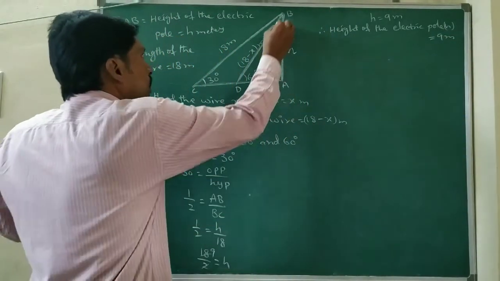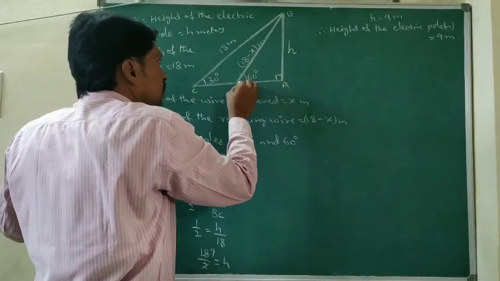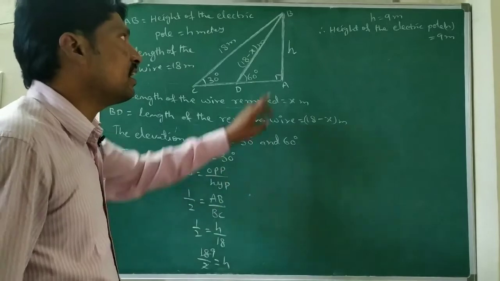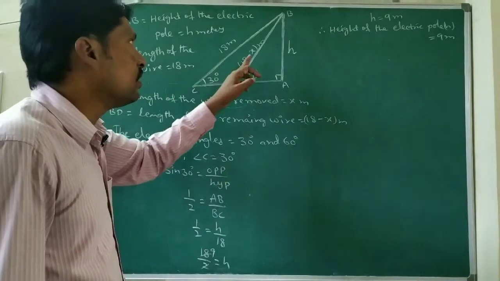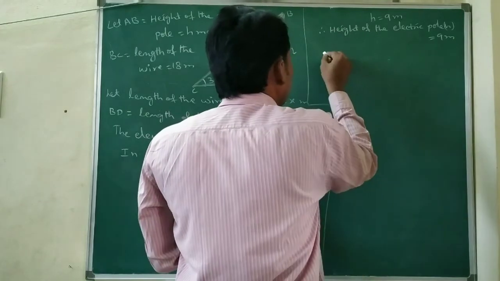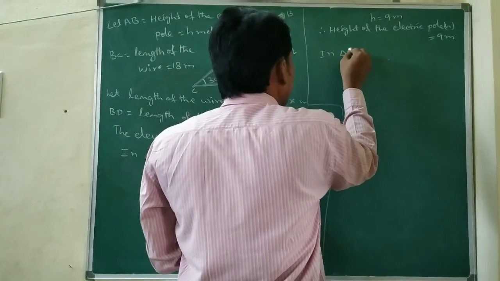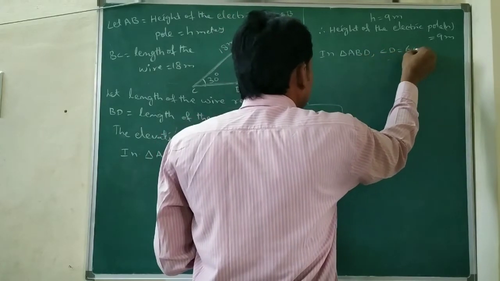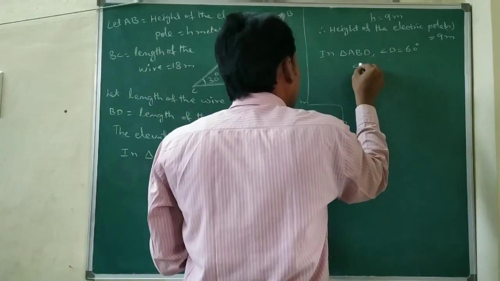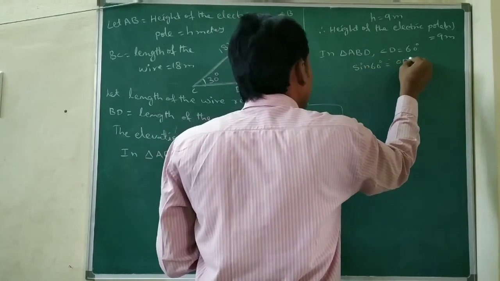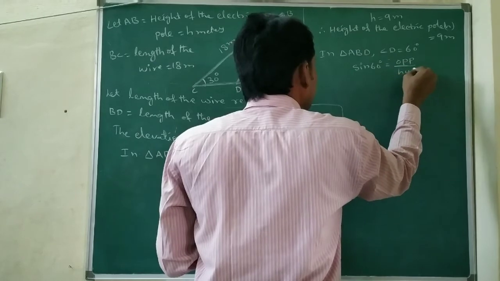Now take triangle ABD. In triangle ABD, 60 is the elevation angle. This is the opposite side and this is the hypotenuse. In triangle ABD, angle D equals 60 degrees. Sine 60 degrees equals opposite by hypotenuse.